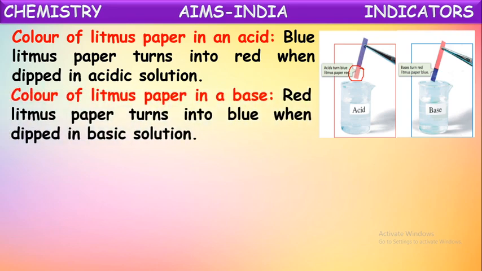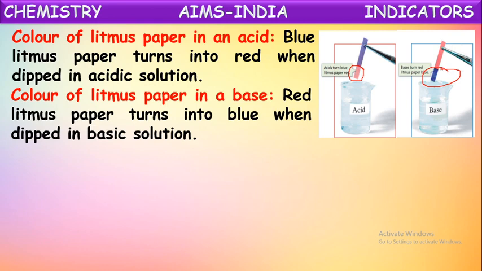In the same way, when you dip a red litmus paper into any basic solution, it turns blue. These litmus papers are of two colors. One is blue litmus paper, the other one is red litmus paper.